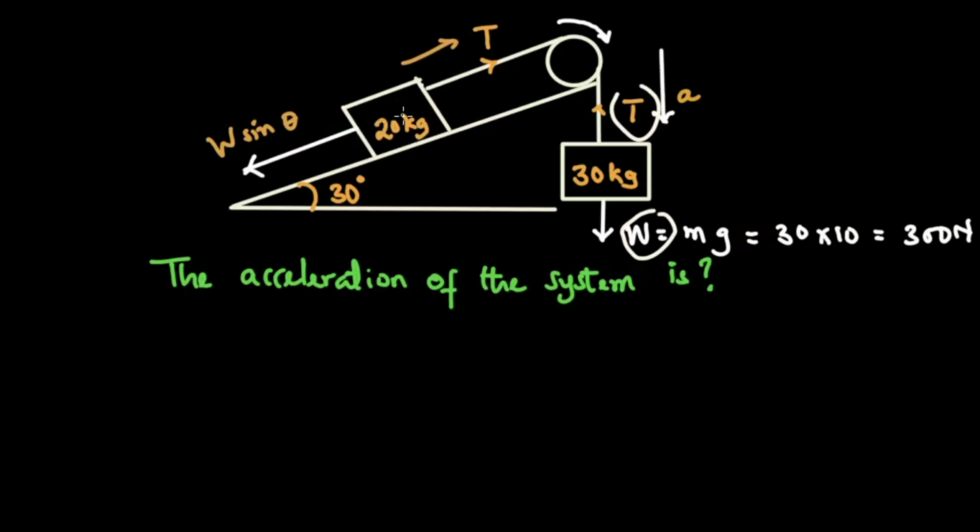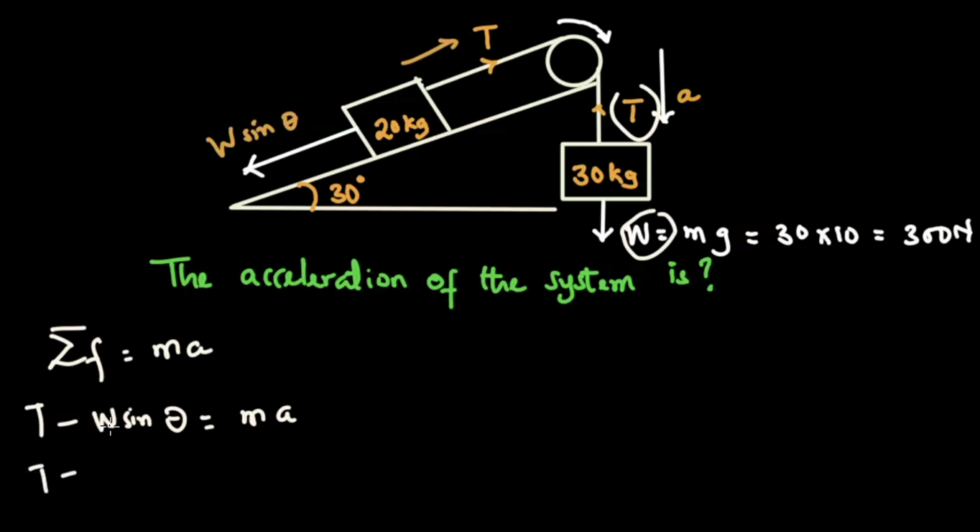When we come to this 20 kg mass, we're simply going to follow Newton's law, that total force is mass times acceleration. Because the tension is greater than the force component, our total force will be the tension minus this force component, W sine theta, and it will be equal to mass times acceleration. So we have tension minus weight sine theta, where theta is 30 degrees.